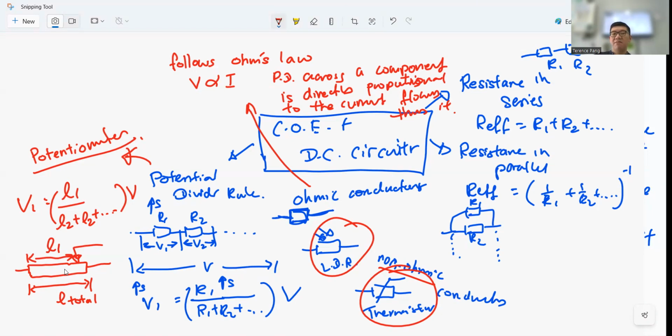You may have other lengths involved, depending on the question. If this is the only length that's involved, then you just put it under here. There won't be L1 plus L2 and all that. It will just be L2.